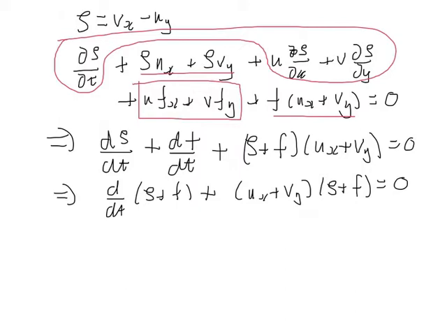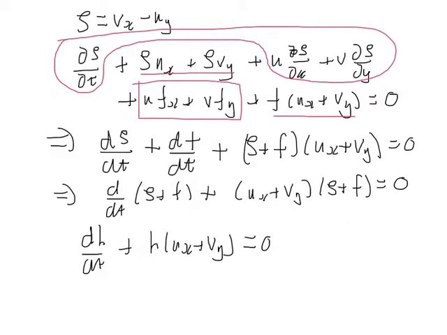So if we rewrite the third equation, you can see that it can be written as the total derivative of h with respect to t plus h times (ux plus vy) is equal to 0.